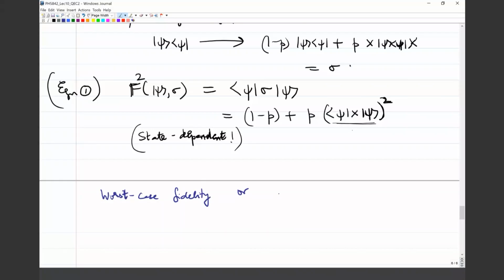Actually, you can do one of two things, right? You can either talk about the average fidelity, wherein you take an average of this expression over all pure states. Now, such an average has to be clearly defined.